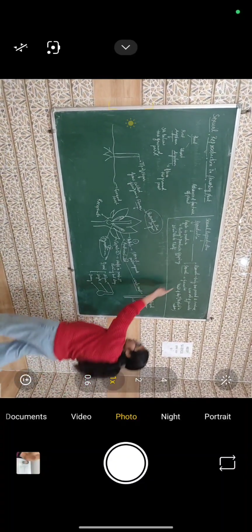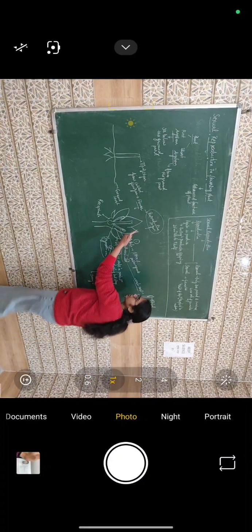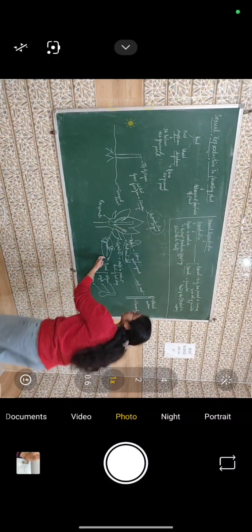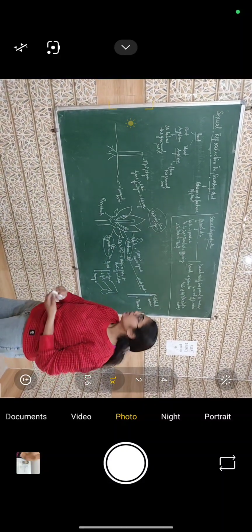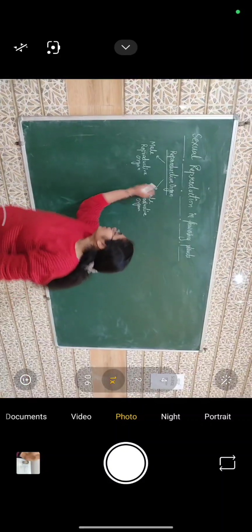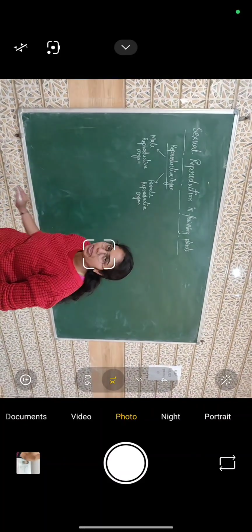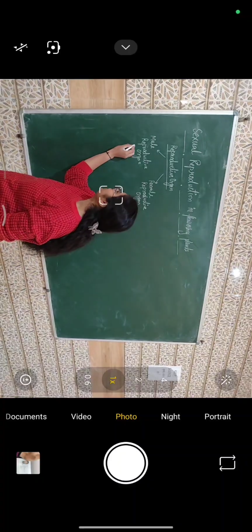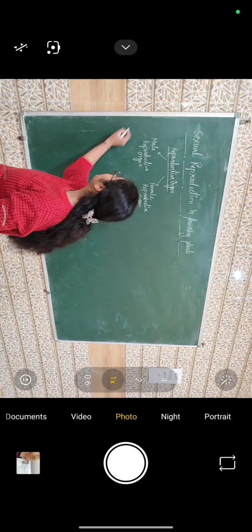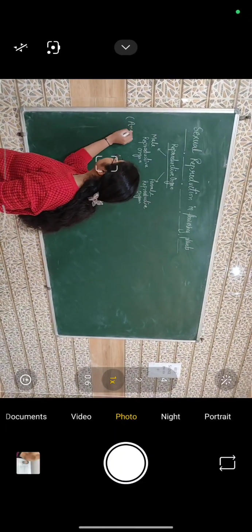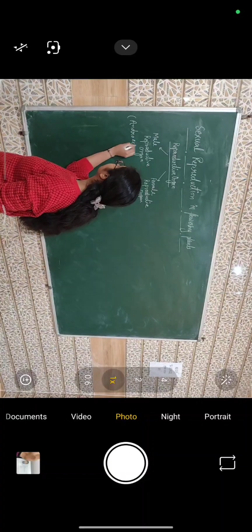So basically, for the gametes we just require the sexual reproductive organs, which are the androecium and the gynoecium in flowering plants. So reproductive organs are of two types. One is the male reproductive organ and one is the female reproductive organ in a flowering plant. The male reproductive organ is known as the androecium.